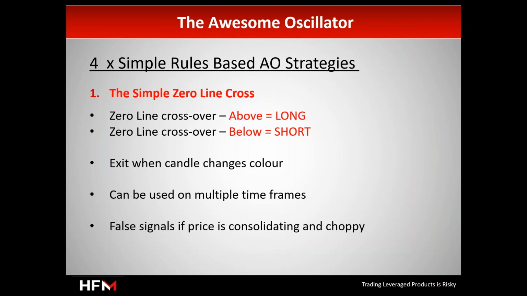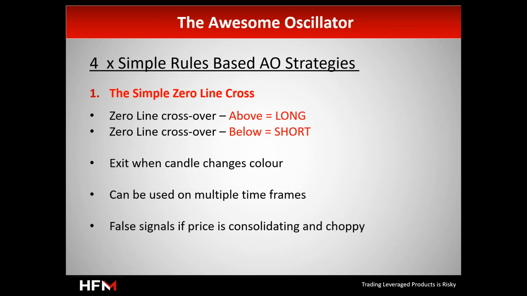Let's take it step by step. We said what the green values mean, we said what the red values mean, and now we need to see some rules to help you understand how you can use it and interpret it. I initially said that you can use this indicator for identifying signals for a continuation of a trend or for a potential reversal.